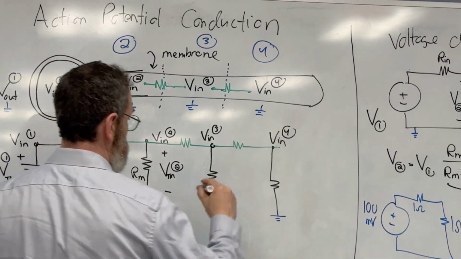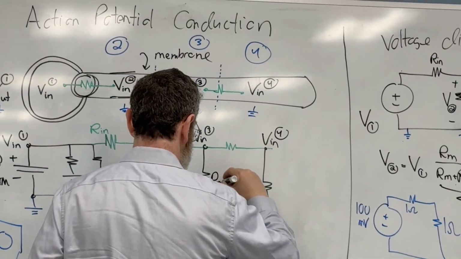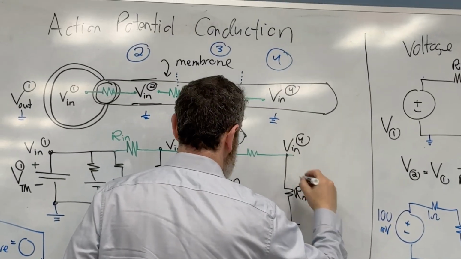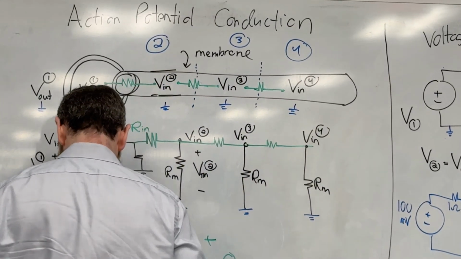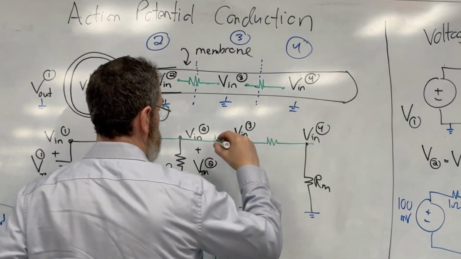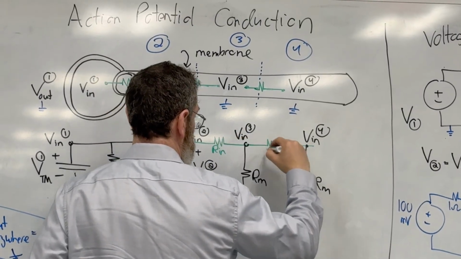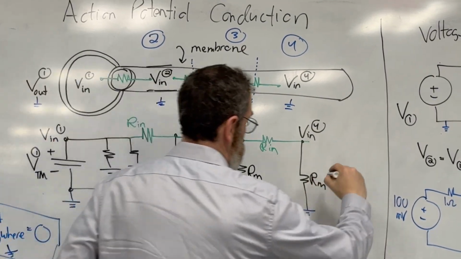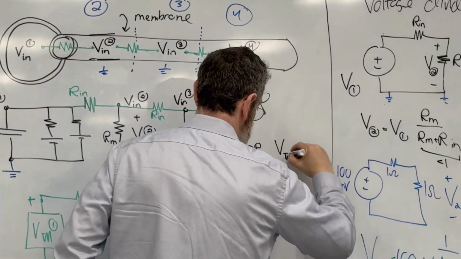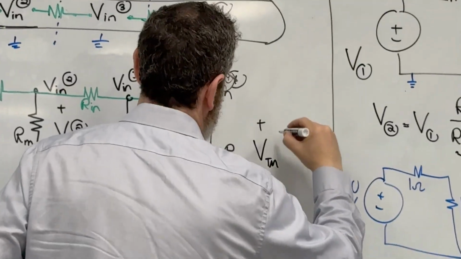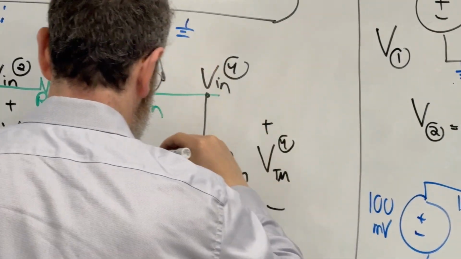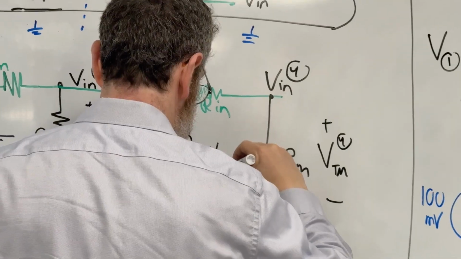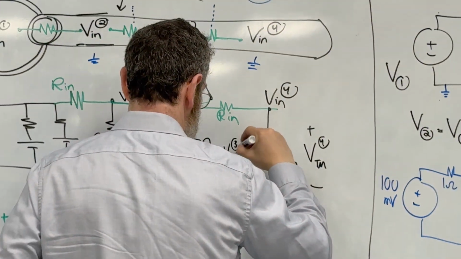And I'm going to call these RM, RM, Rin. I'll explain this in a second. And then here is V transmembrane at location 4. V transmembrane at location 3.